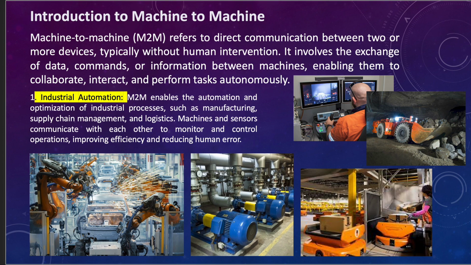And we talked about machine to machine, which is a concept which was there even before IoT, where a device or a system can talk to another system, or a machine can talk to another machine.